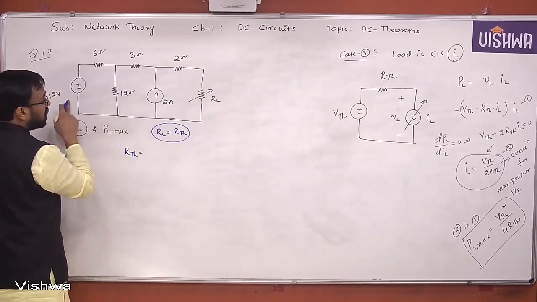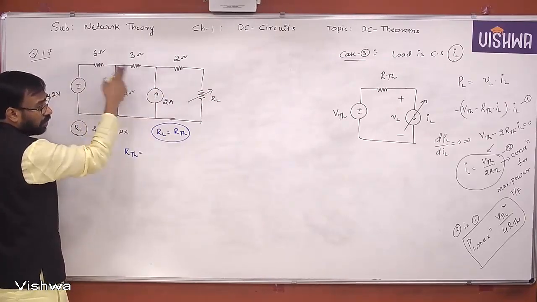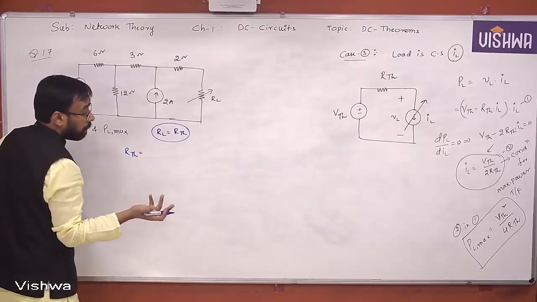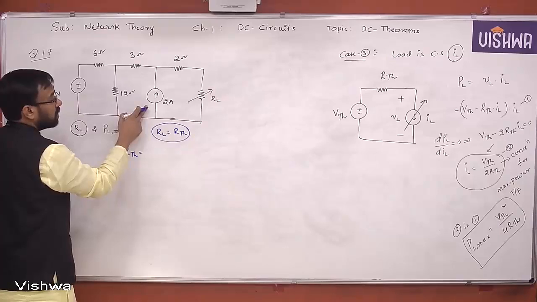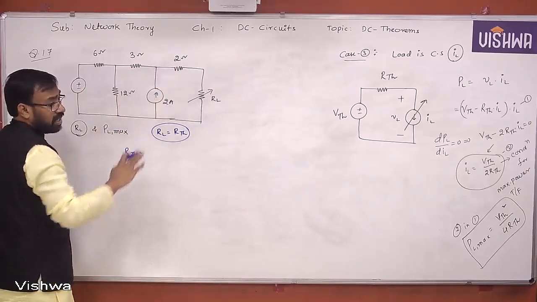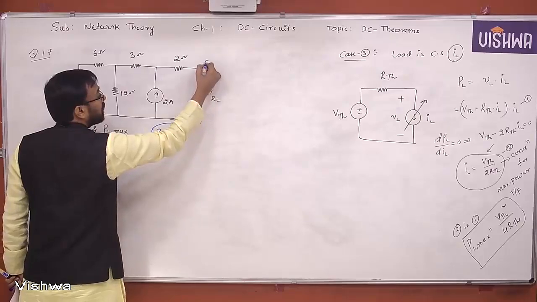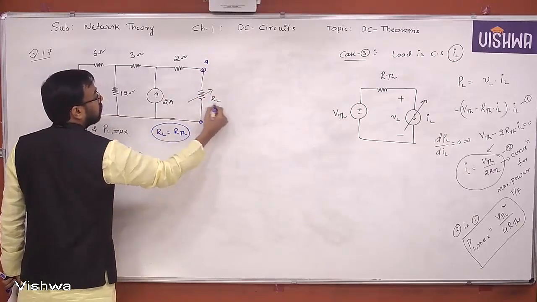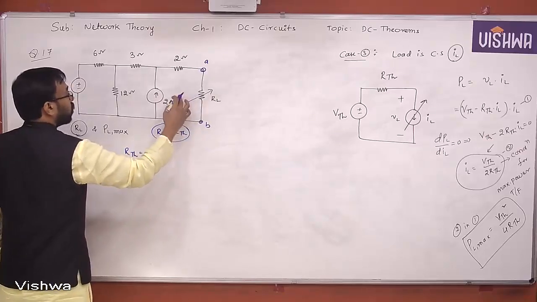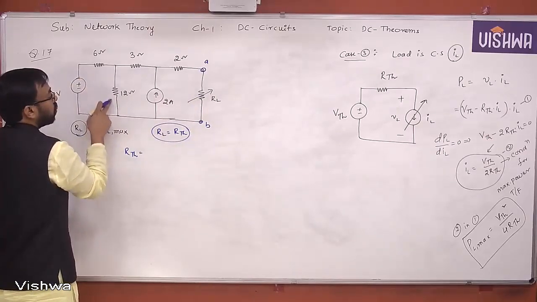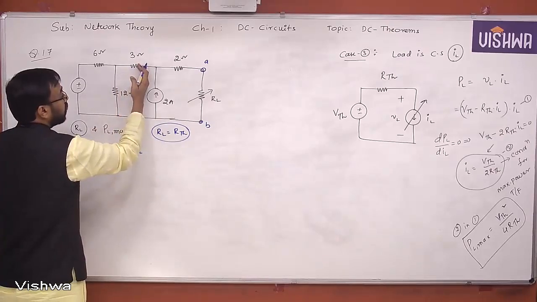This is suppressed, this is suppressed. Okay. In this particular problem, there is no dependent source. When there is no dependent source, after suppressing these two energy sources, can we simplify it using the normal reduction technique by looking into the network through these two terminals? Yes or no? Yes, we can do. This is open, this is shorted. When you look into the network through AB terminals, these two are shorted and parallel, and then the result is in series with 3 ohm.